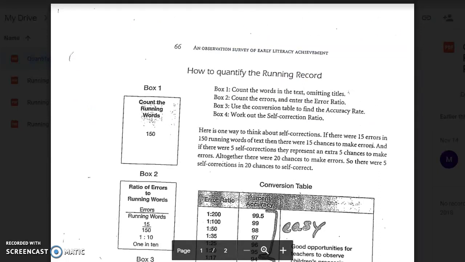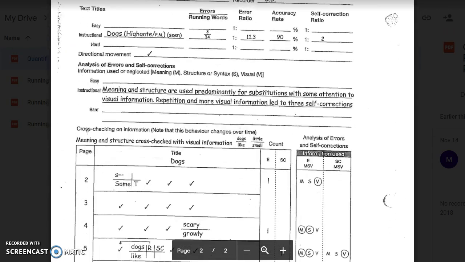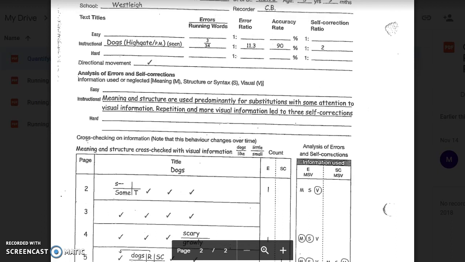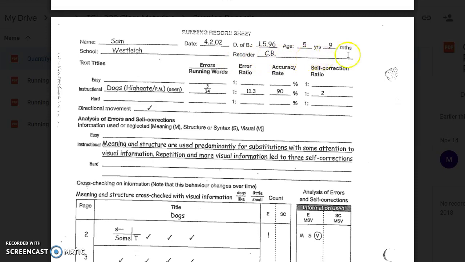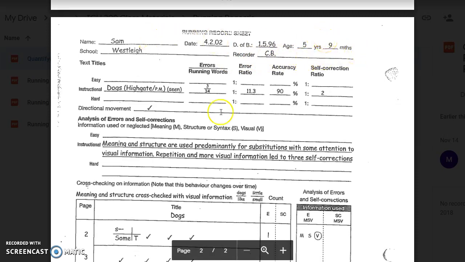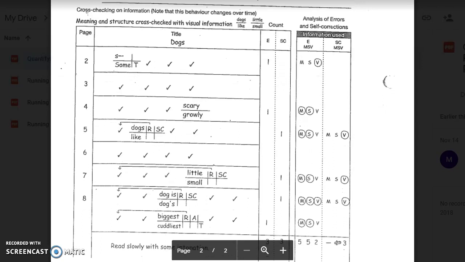So here is the quantification sheet, but we're going to take a look at the Sam example. For Sam, you can see the information written about him is up here, and he's read the book Dogs, and down here is his running record information.